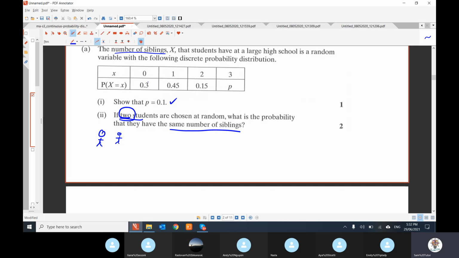They could have had 0 siblings, 1, 2, or 3 siblings. If they had 0 siblings, that would be 0.3 times 0.3, both. Or 1 sibling each, 0.45 times 0.45, or 0.1. I think we get it.